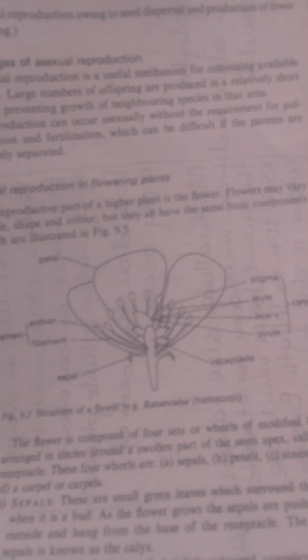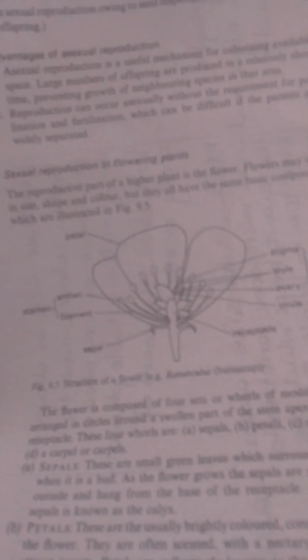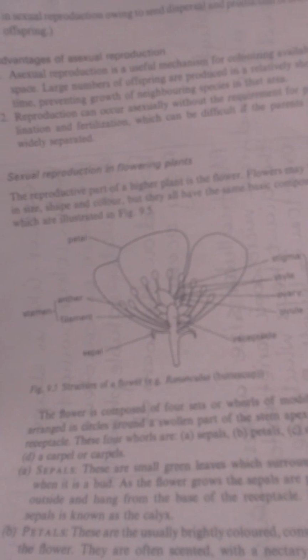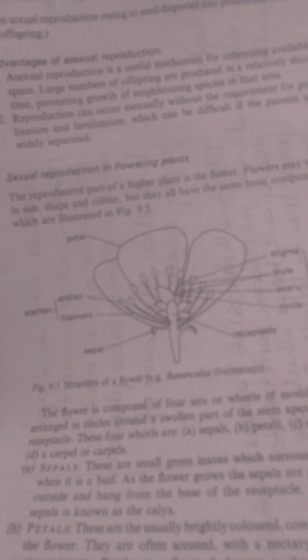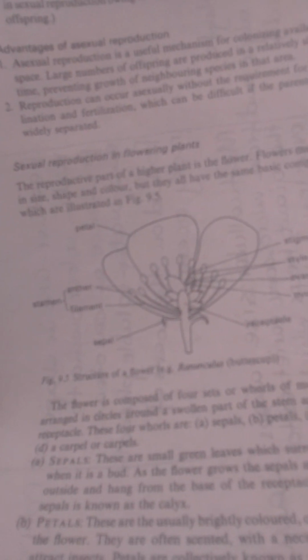Number 4, the carpel or carpels. This comprises the central whorl of the flower. Each carpel has three distinct parts. The swollen base is called the ovary. The ovary contains the female gametes, which are called the ovules.